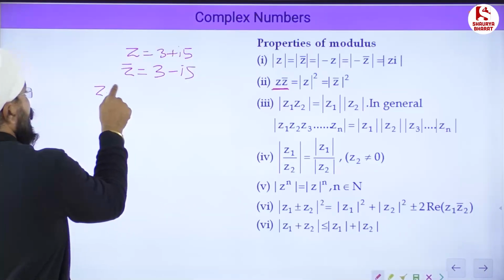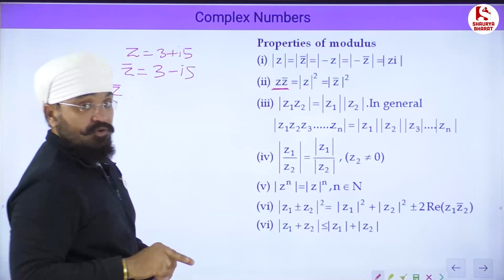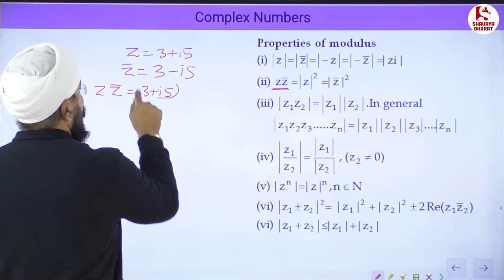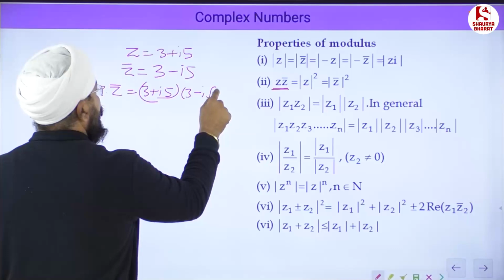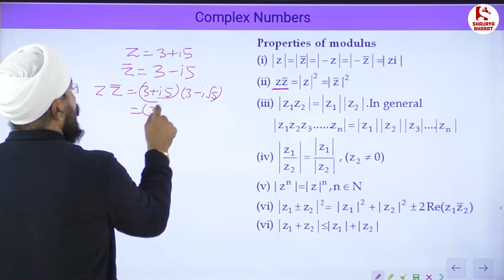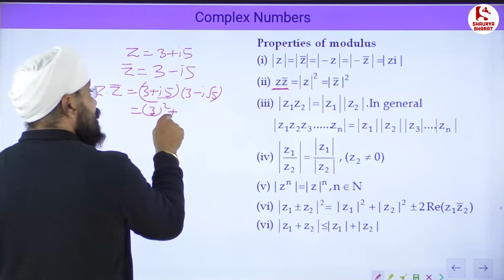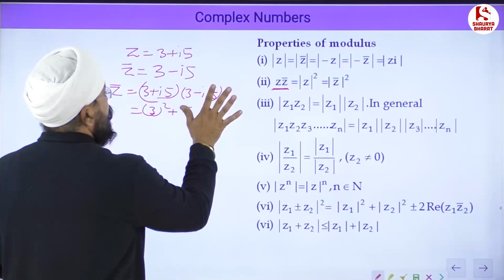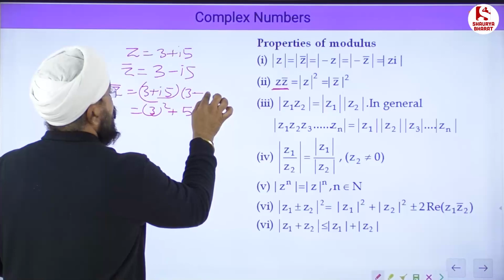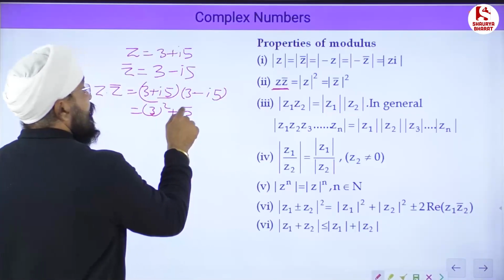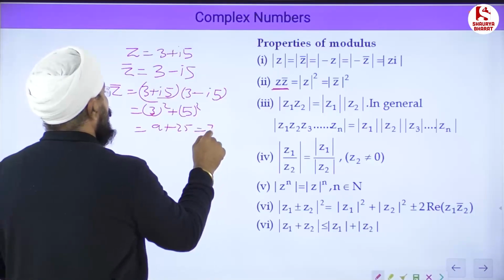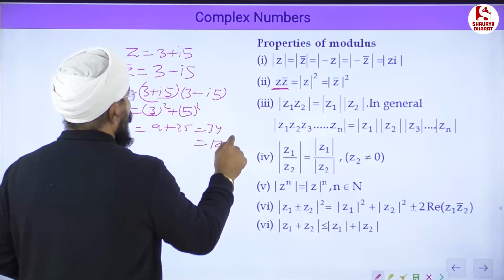When I take the product of a complex number with its conjugate, which is 3 plus iota 5 and 3 minus iota 5, this will give you 3 square plus 5 square, why this plus is coming? Because iota square is minus 1. So this is 9 plus 25, which is 34. 34 is nothing but square of its magnitude.